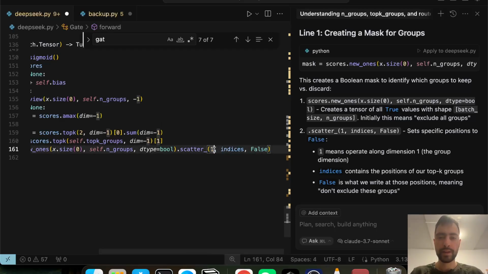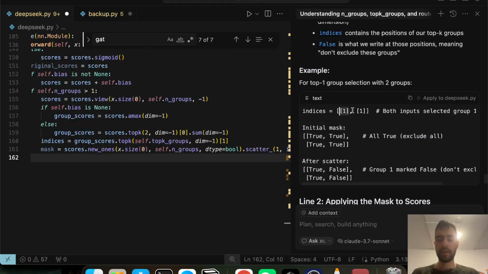And you can read all of that here. Maybe it's even better explained. One means we want to operate along first dimension, so the group dimension. This is an example. So if we have two groups and want to select one best group for each token, so indices of those selected groups will be the following.